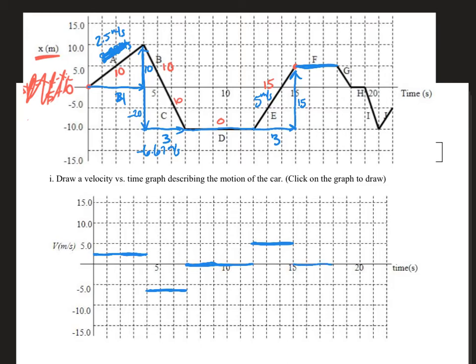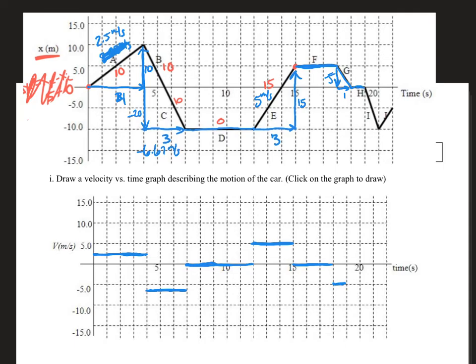So from 15 to 18, we'll say that is a velocity of 0. I think I made a mistake earlier on the last page. We'll go back and correct that. If we go to section G, the run here is 1 second. The rise is -5 from 5 to 0, and so that is a -5 meters per second for 1 second.